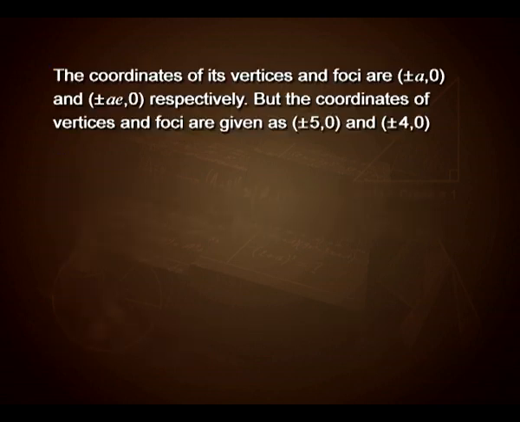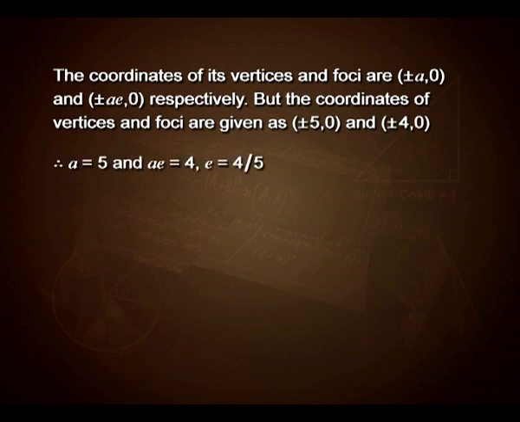The coordinates of its vertices and foci are plus or minus a, 0 and plus or minus ae, 0 respectively, but the coordinates of vertices and foci are given as plus or minus 5, 0 and plus or minus 4, 0.